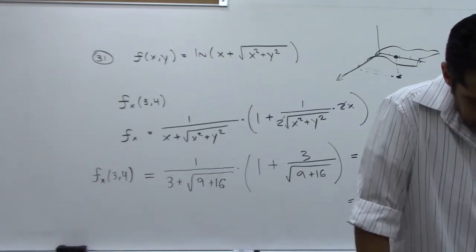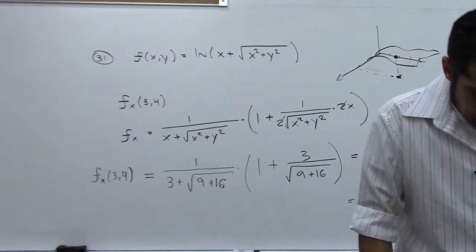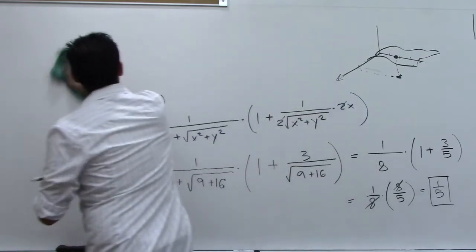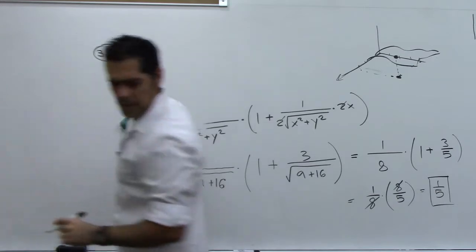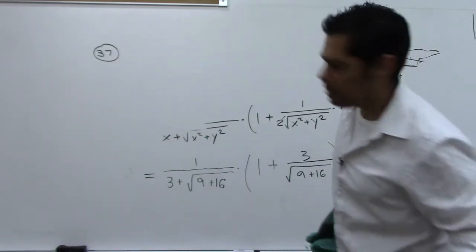All right, 37. Now 37 asks you to use a calculator or graphing utility. I don't really necessarily want you to do that. F of x, y is x squared y cubed.